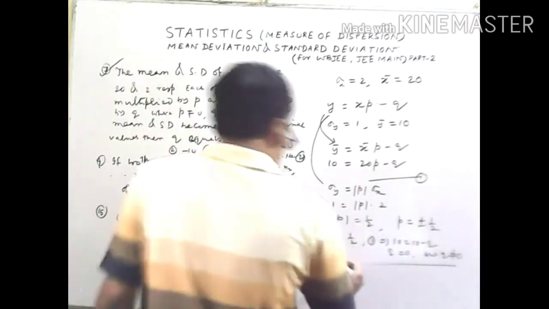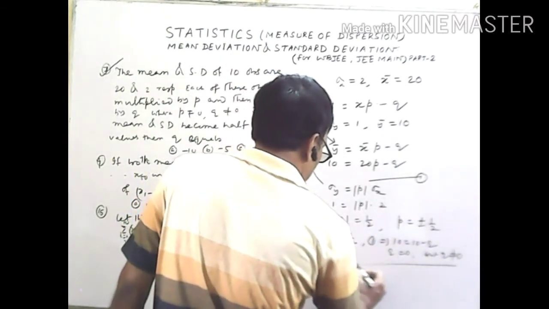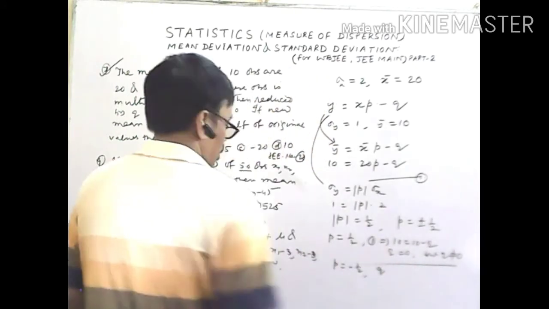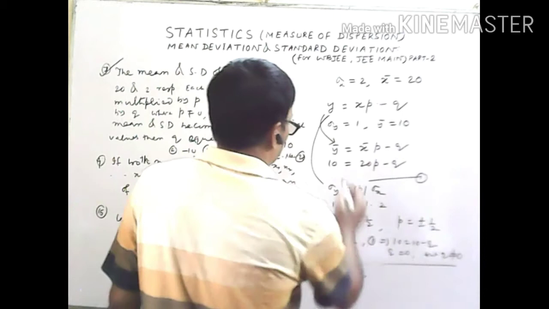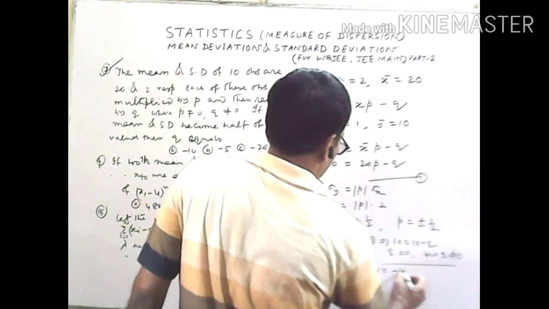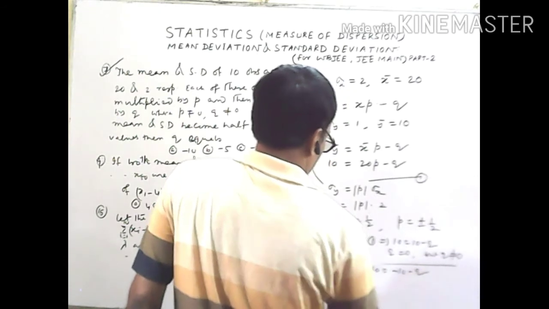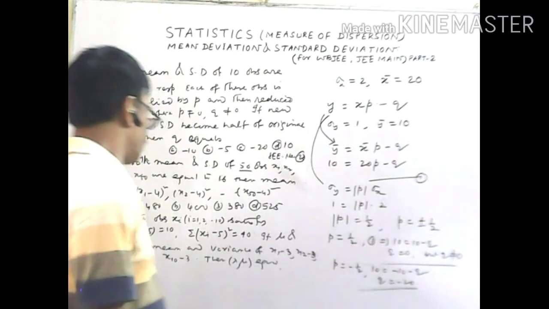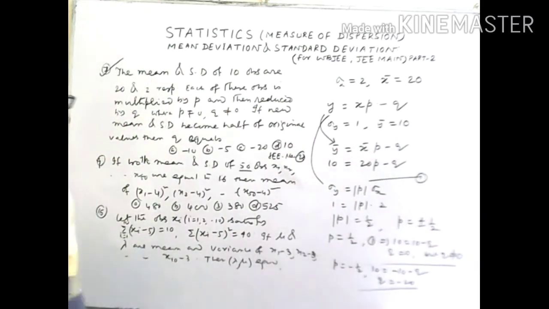Now, if we take p equals minus half, then what is q? 10 equals minus 10 minus q, so q equals minus 20.